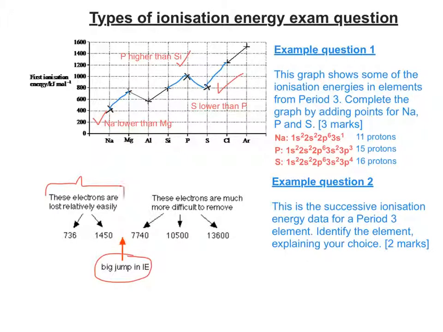So these two would be outer shell electrons, and these three would be inner shell electrons, as in the next shell down. So the big jump in ionization energy means there must be 2 electrons in the outer shell.